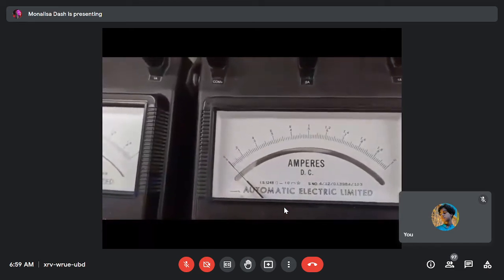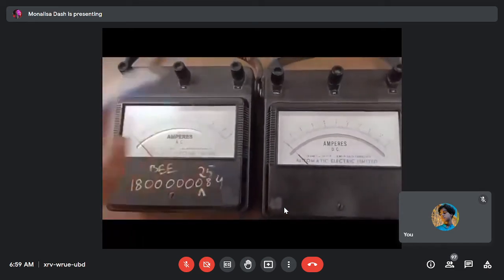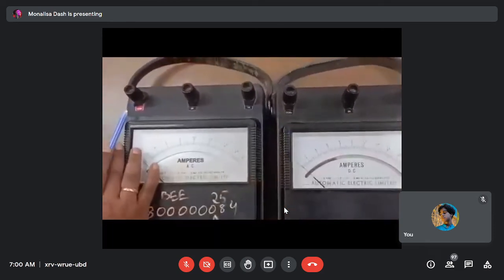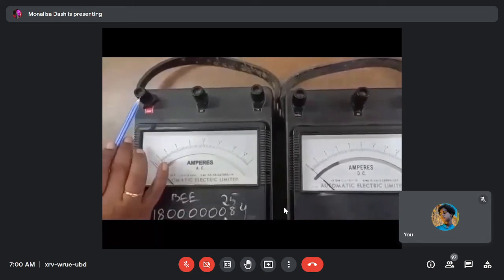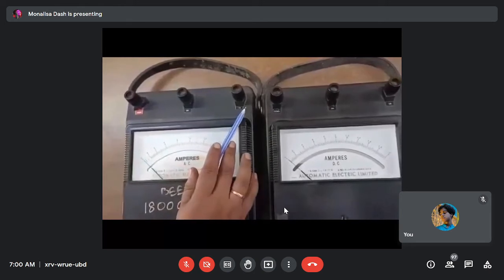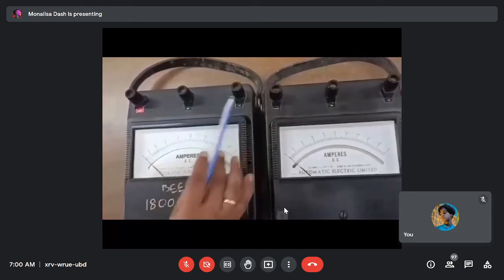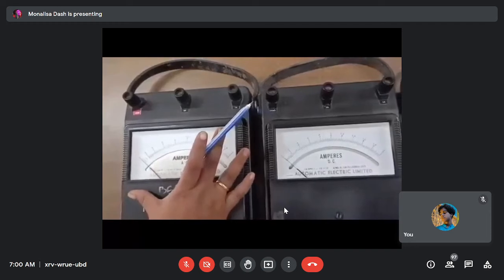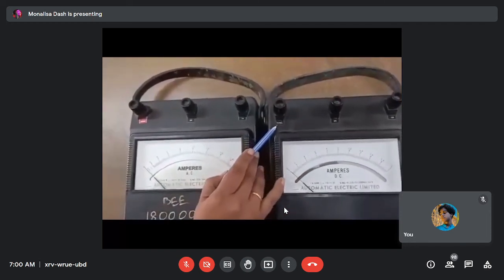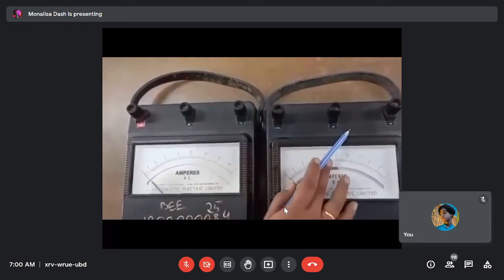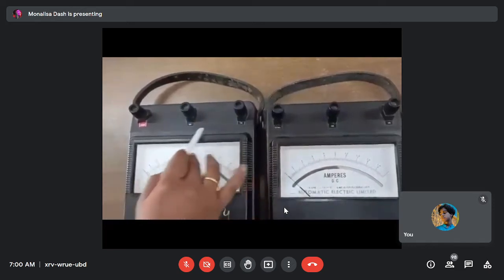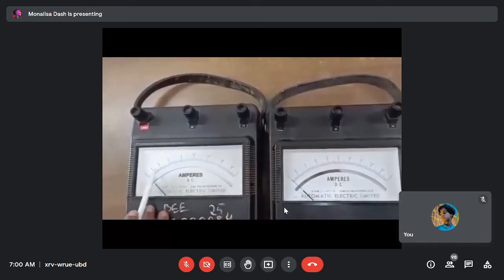See the meters. Generally, the meters have 3 terminals or 2 terminals. Common always represents the positive terminal, and the rated value is either 1 ampere or 2 ampere according to the ranges. In the DC supply, the common terminal represents positive and the rated terminal represents negative. According to the ranging, the scale is represented.